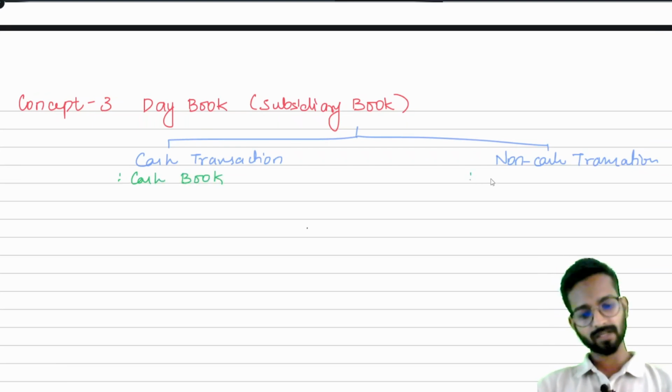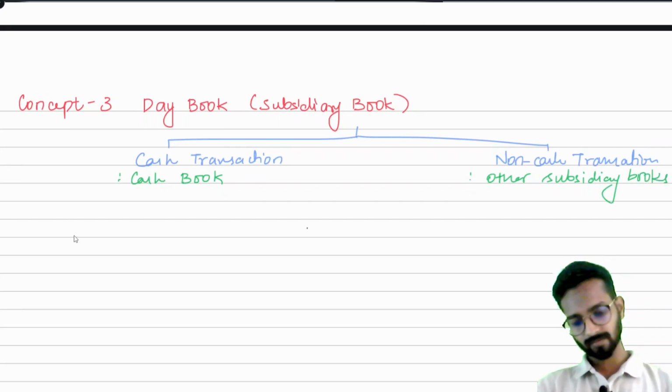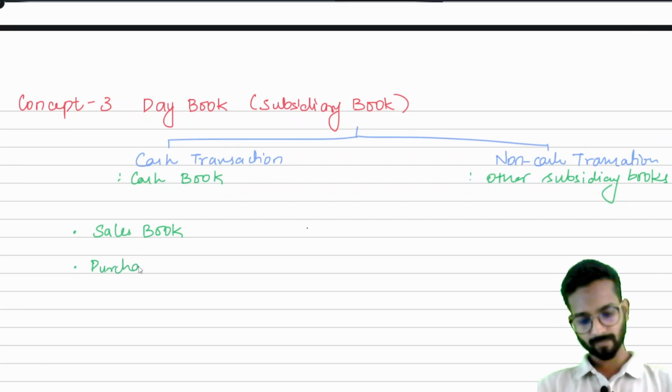Non-cash transactions are recorded in the other subsidiary books, such as, see, it can be sales book, purchase book, sales return, then purchase return.